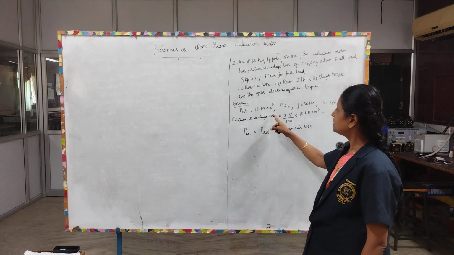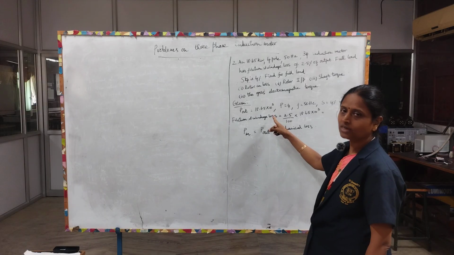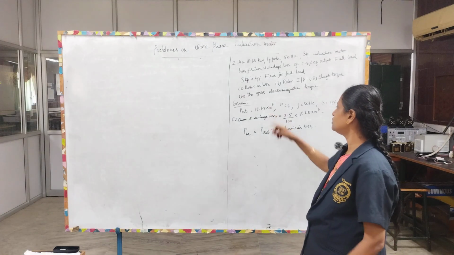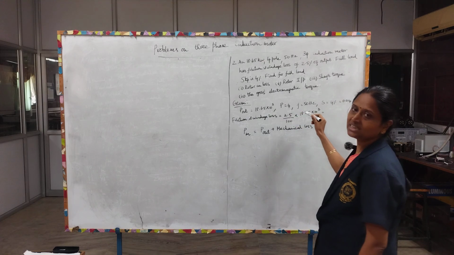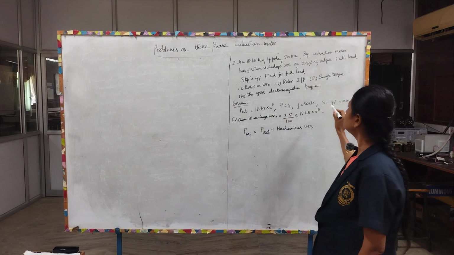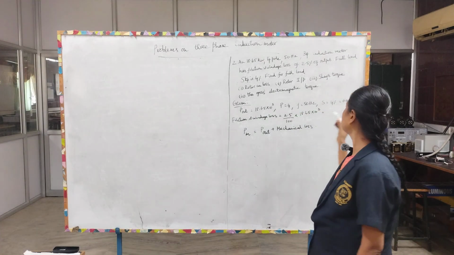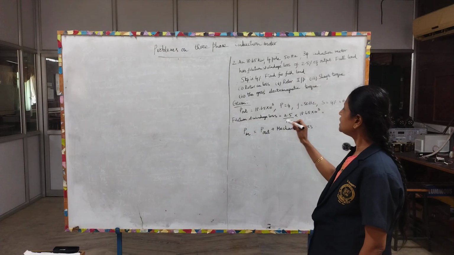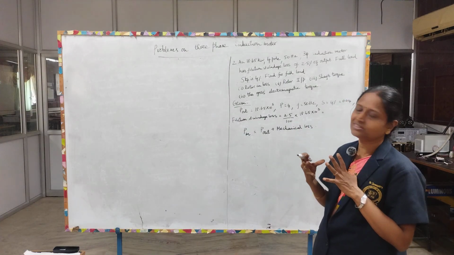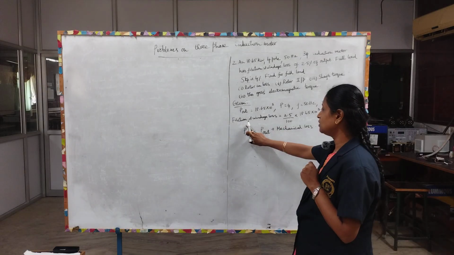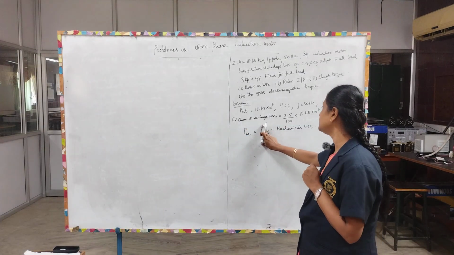So the output power in terms of watts we are writing. It is 18.65 into 10 power 3 and number of poles is 4. Frequency is 50 hertz. Slip is 4%, so it is 0.04. Friction and windage loss: the loss is due to the rotation of the moving parts, that is nothing but the friction loss, and due to air we are getting windage loss.